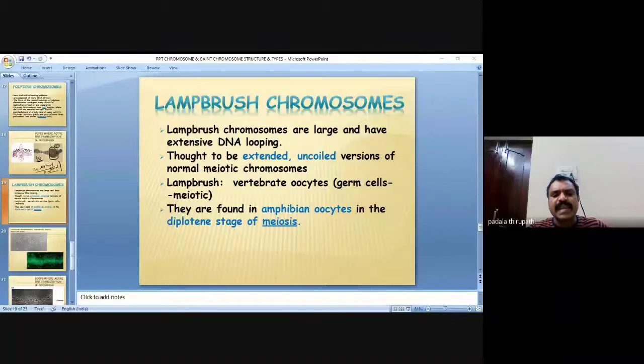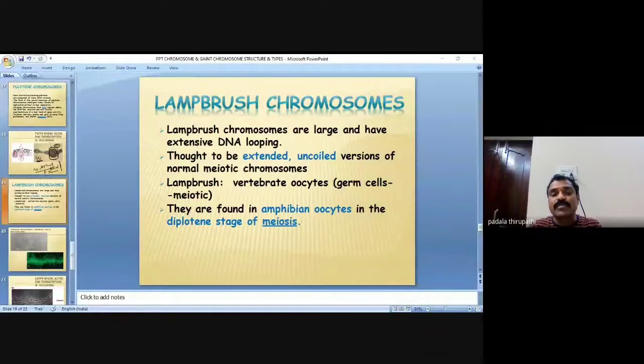Why has this name lampbrush been given to these chromosomes? Just because they look like a cleaning brush for bottles.